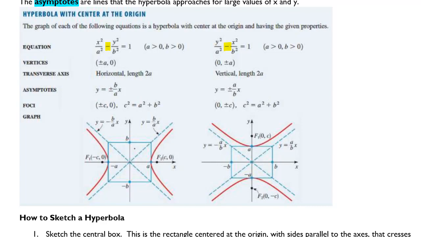The vertices are at plus or minus a, comma, 0 for sideways opening hyperbolas, and 0, plus or minus a for vertices where the curves are opening upward and downward. The foci are still at plus or minus c, 0 for opening sideways, and 0, plus or minus c for these hyperbolas opening upwards and downwards. You can see where those exist here on the curve.